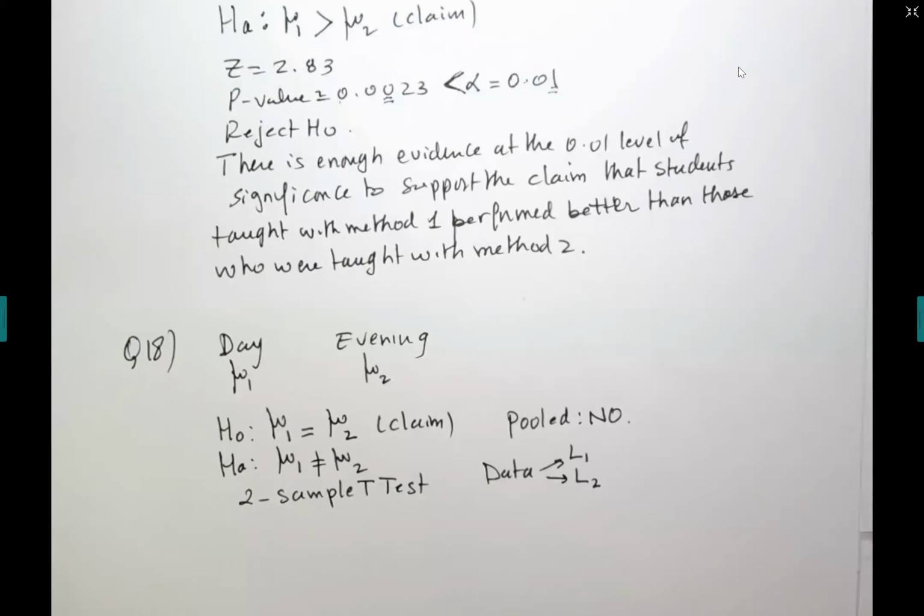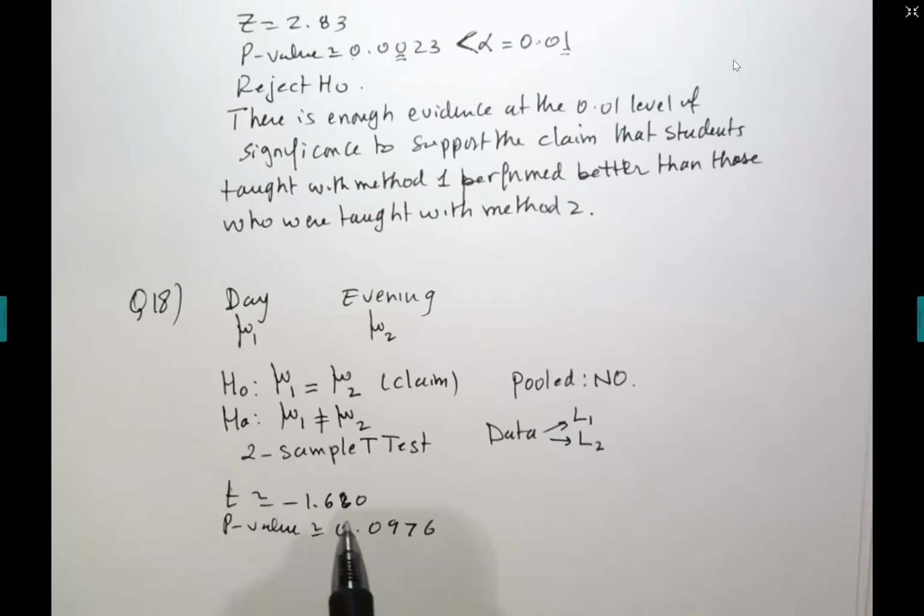So again, after I fix the mistake, t is -1.680, which agreed with what you guys came up with. P-value is 0.0976, which is bigger than alpha, which is 0.05. And again, here's how I can tell. The second digit is 9, the second digit is 5. Since 9 is bigger than 5, then it's bigger than alpha. And bigger than alpha, fail to reject H0.